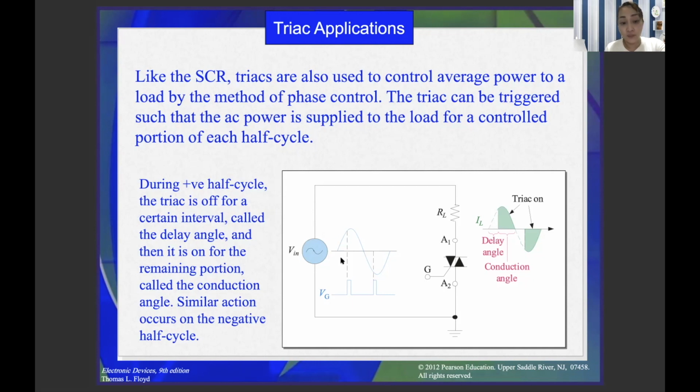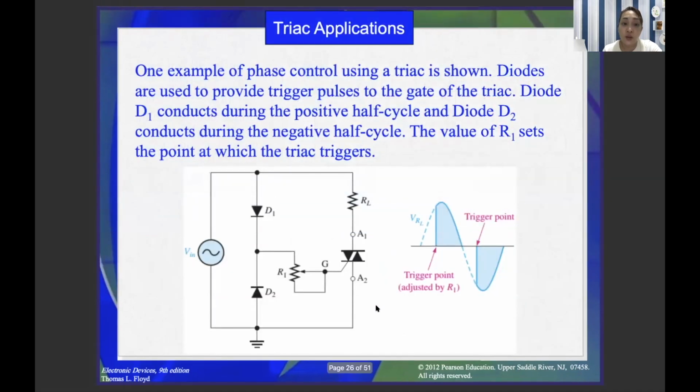They are cutting. And then it is on for the remaining portion. Okay? That is called the conduction angle. Similar action occurs in the negative half cycle. So now in a Triac, we have what we call the conduction angle.